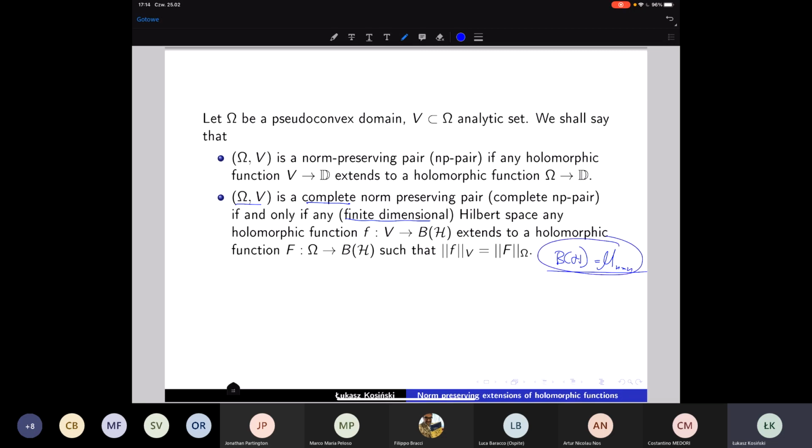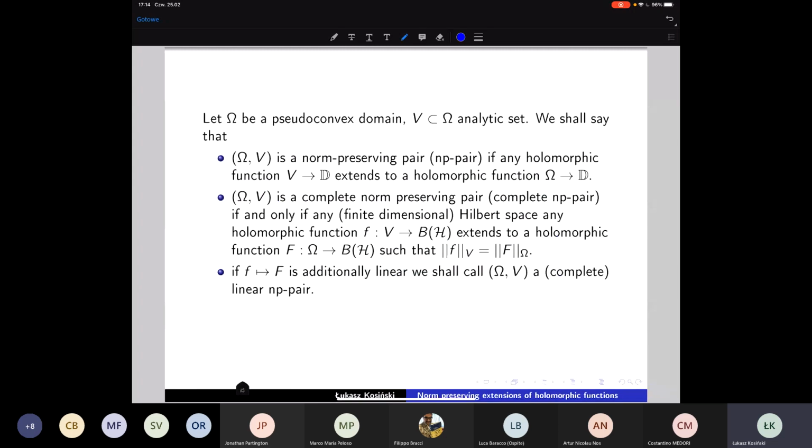It can be extended to a holomorphic function on the whole omega, such that the sup norm of f on V is equal to the sup norm of capital F on omega. And if I have time, I will discuss also what if the extension is an isometric linear operator. If this is additionally linear, then we shall call omega, V a complete linear NP pair.